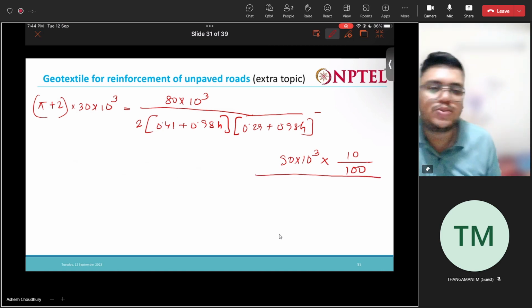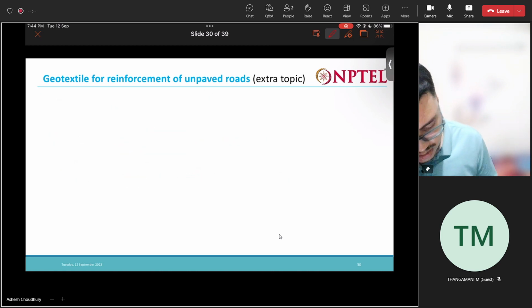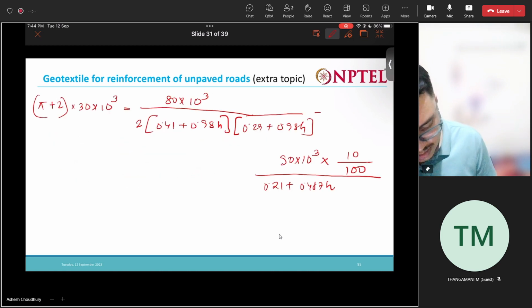So we are assuming that the geotextile will undergo 10% elongation. 0.21 plus 0.487 H over 1 plus 0.21 plus 0.487 H by 2 into 0.3, S is 0.3 square.